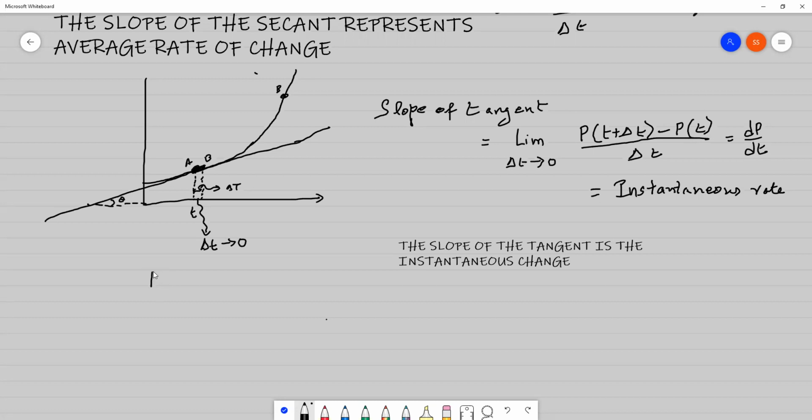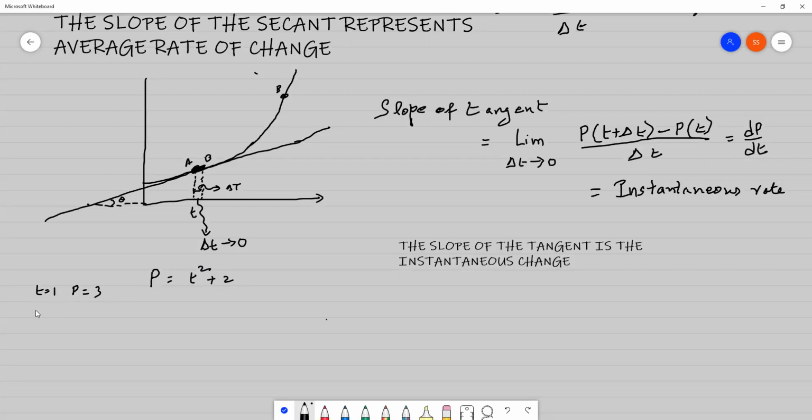Suppose the price of rice is given with respect to time as t squared. When t is equal to 1, the price is 1, maybe 1 rupee. When t is equal to 2, the second day, the price becomes 4. When t is equal to 3, the price becomes 9. Or I'll add 2. On day 1, 1 squared is 1, plus 2 is 3.